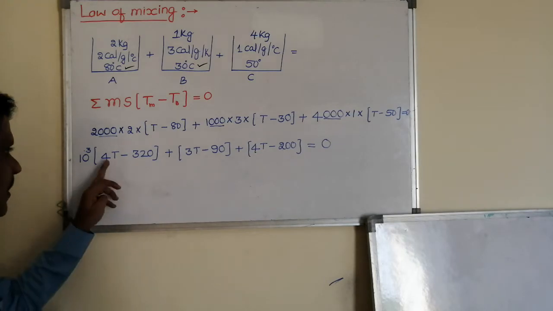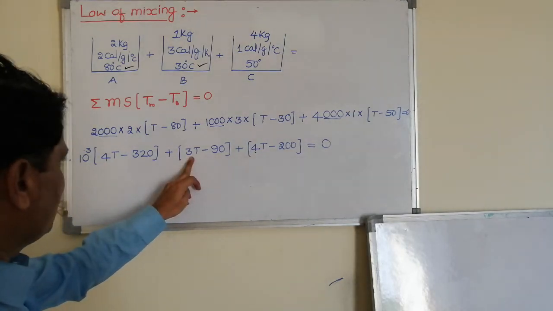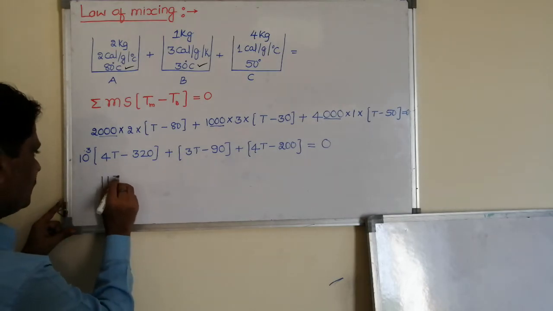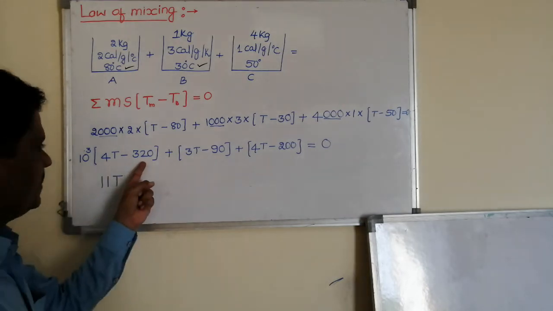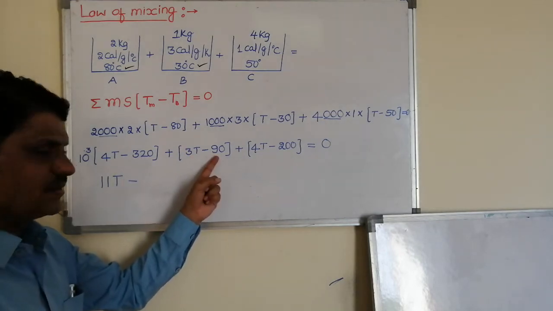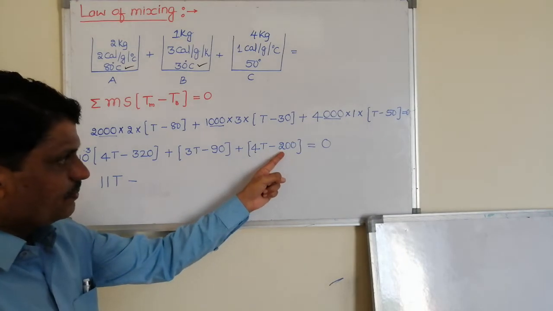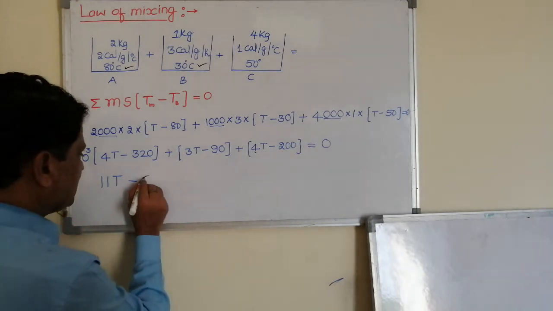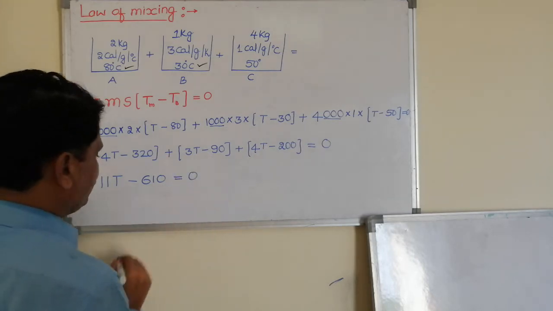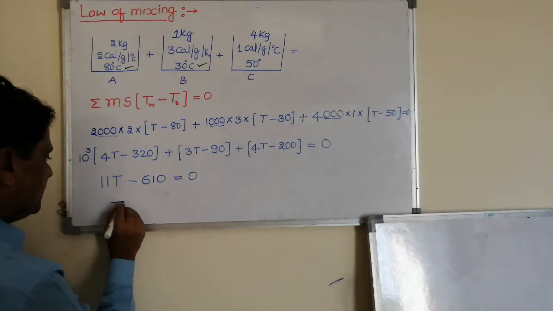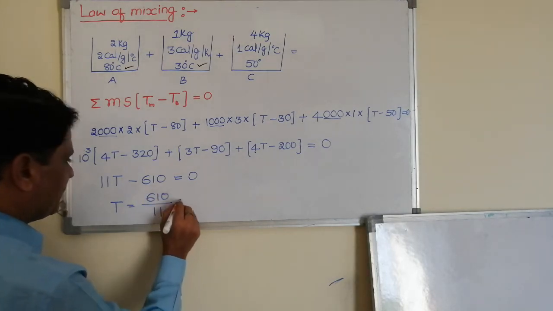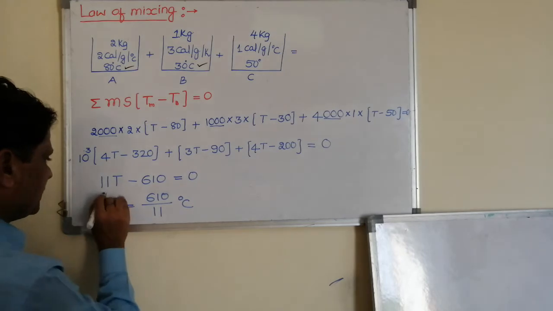So directly I can simplify: 4T plus 3T, 7T, 7T plus 4T, 11T, minus 320 minus 90 is minus 410, minus 200 means it is minus 610, I think. Okay, check it, is equal to 0. Then T is equal to 610 divided by 11 degree Celsius.